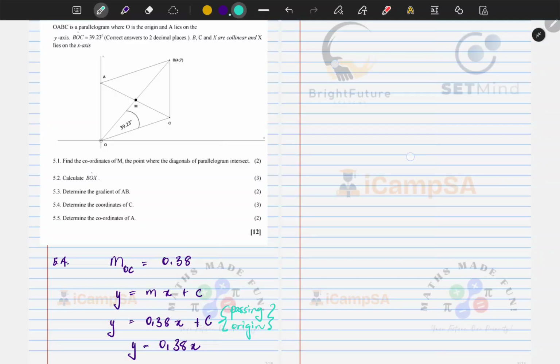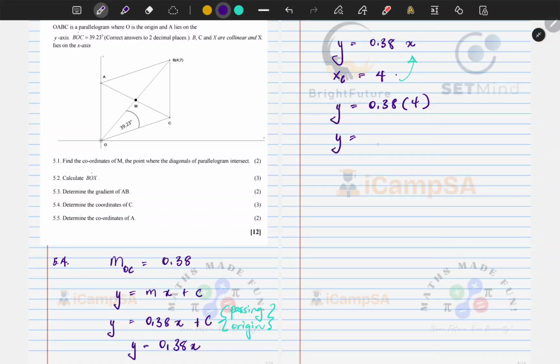Right, so if you have y is equal to 0.38x, remember we did have your x of C. Your x of C was equal to 4. Right, in order for us to find y, we are just going to substitute x of C into here, right? And then y is equal to 0.38 times 4.